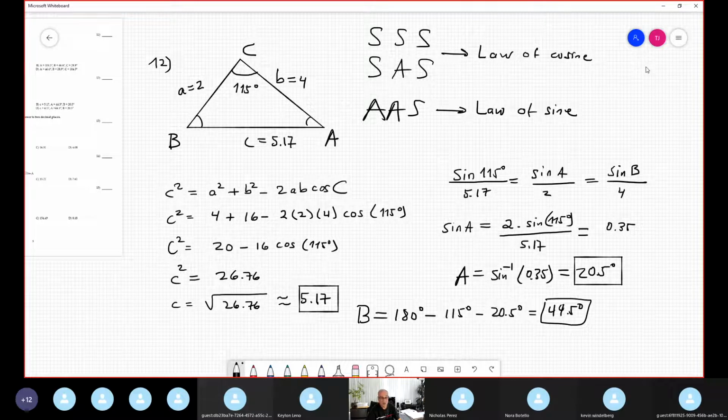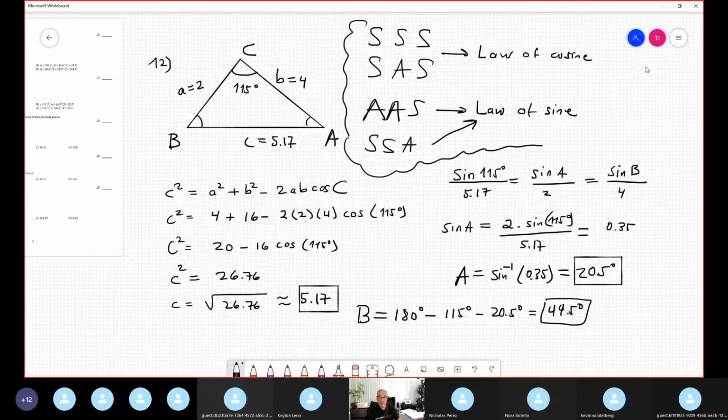And when you have the most complicated, ambiguous, two sides and one angle, and the angle is not exactly in between the sides, you apply the law of sine again. But you need to consider two possibilities. When you apply sine inverse, you consider two possibilities. This is the quick review about the only thing you need to memorize to face any problem of this.